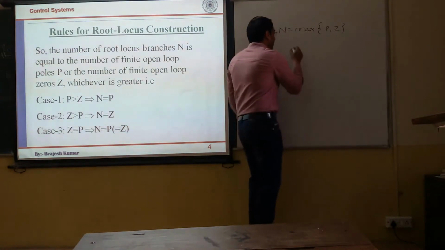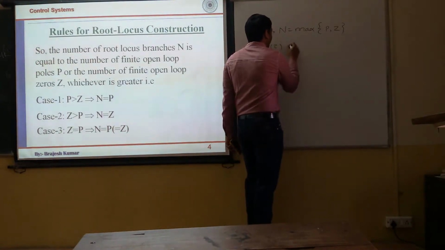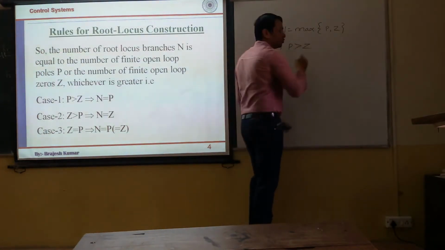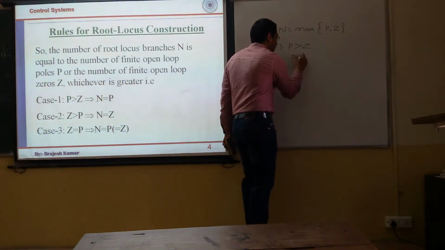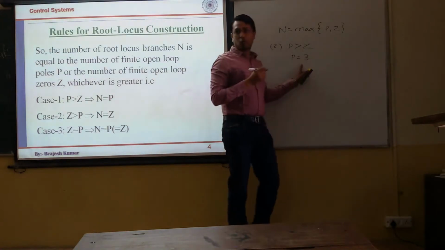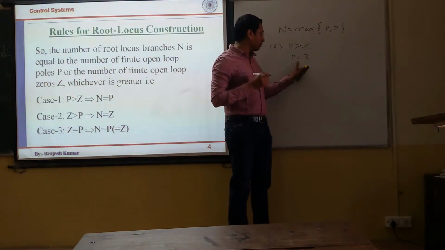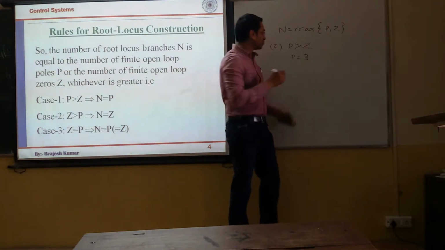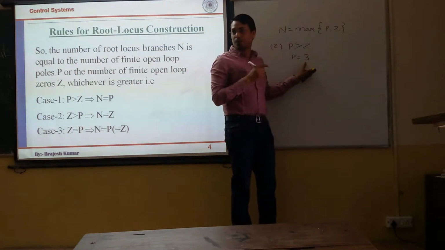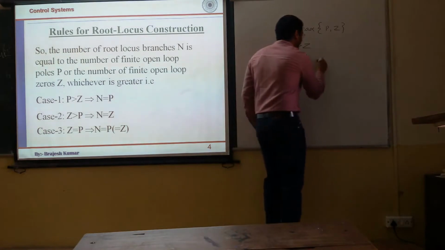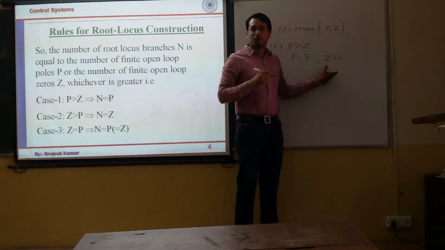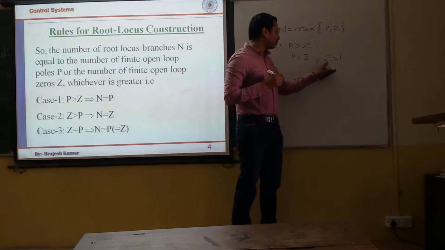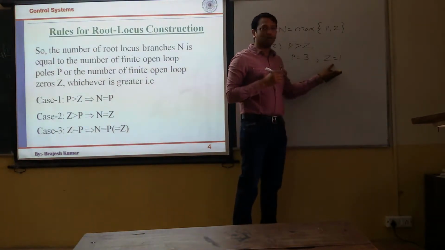So suppose for case 1, P is greater than Z. I am going to assume that for a special case, P is 3, meaning the open loop transfer function has number of poles 3. It is not just the value of the pole, note that it is the number of poles. So 3 poles and Z is equal to 1. So it is having 1 zero.